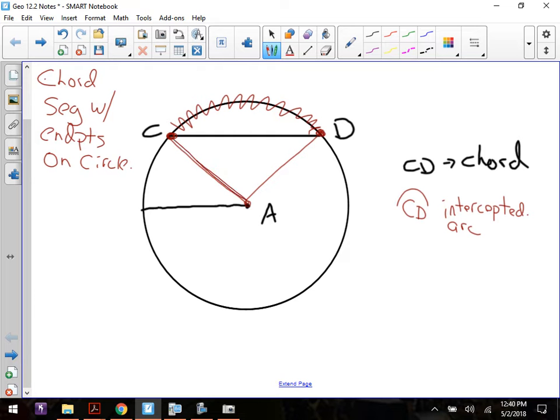What are segments AC and AD? What do you know about all the radii in a circle? They're congruent. So if I know I've got those congruent radii, let's say this angle is 100 degrees. What is arc CD then?